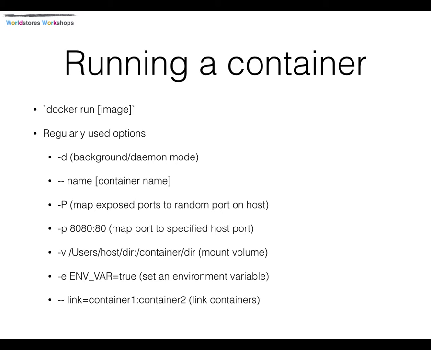So if you ran a MySQL image which had within its read-only template exposed 3306, and you ran -P, it would then pick a port on your machine, I don't know, 5670, and map 3306 to that port. So then, if you actually wanted to connect to that service directly from your host OS, you could run mysql -u admin -P 5670. And that would connect you into the MySQL service running inside that container.